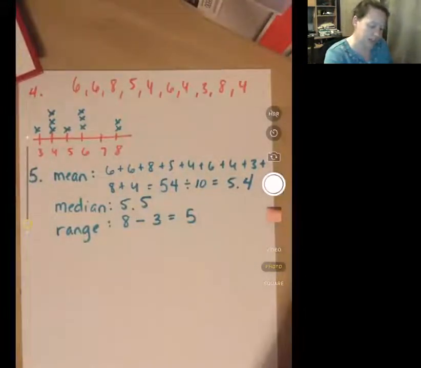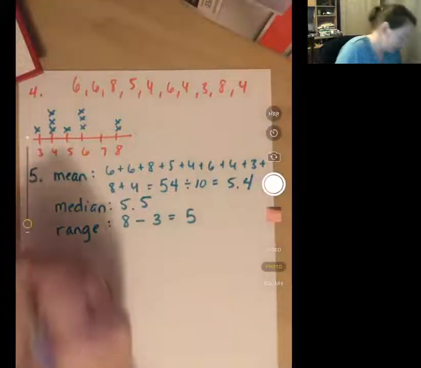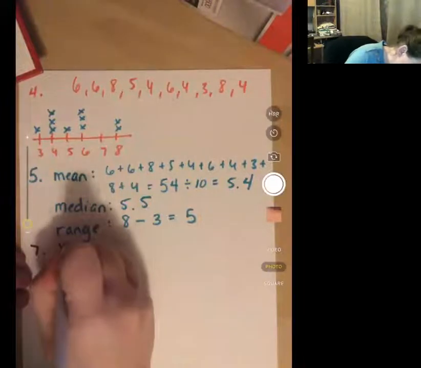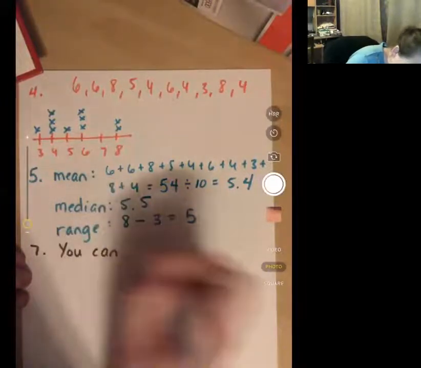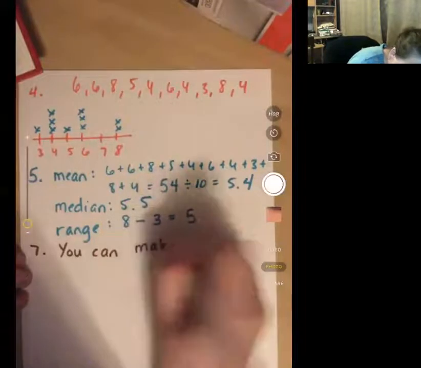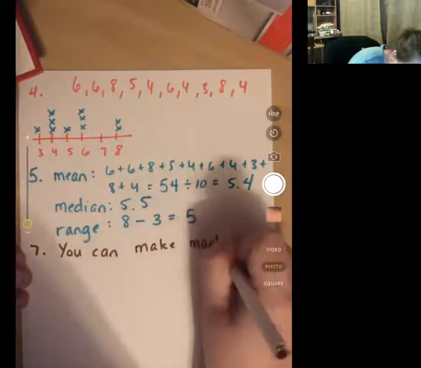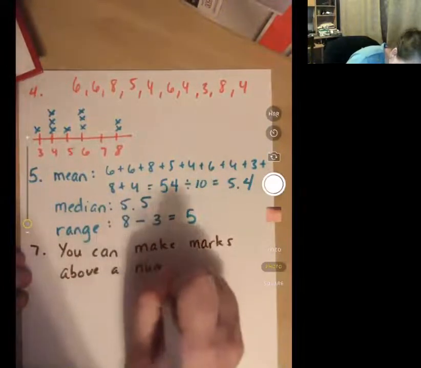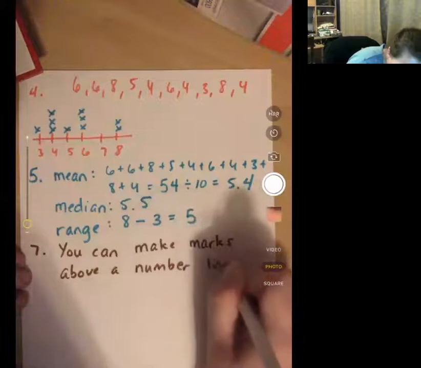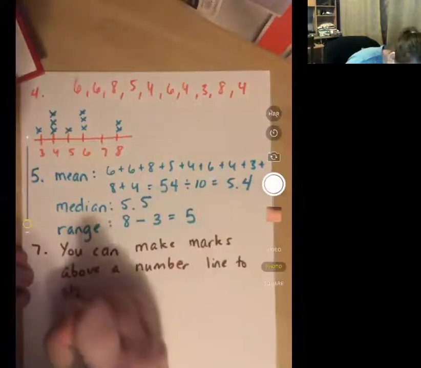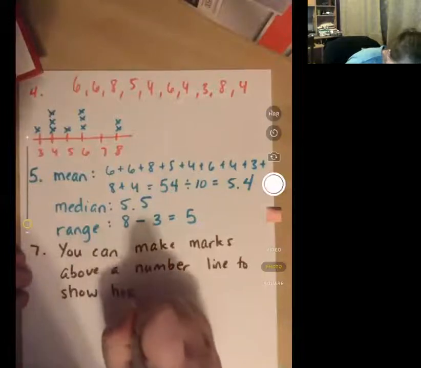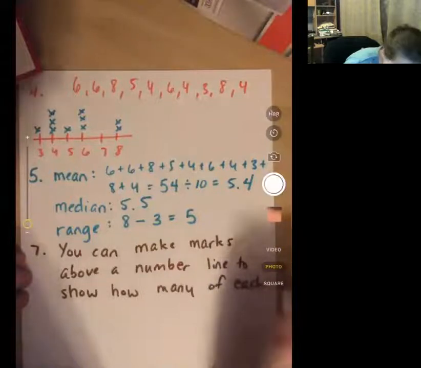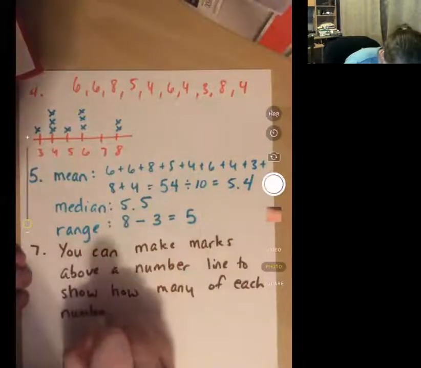Okay, so I guess you can make marks above a number line to show how many of each number you have.